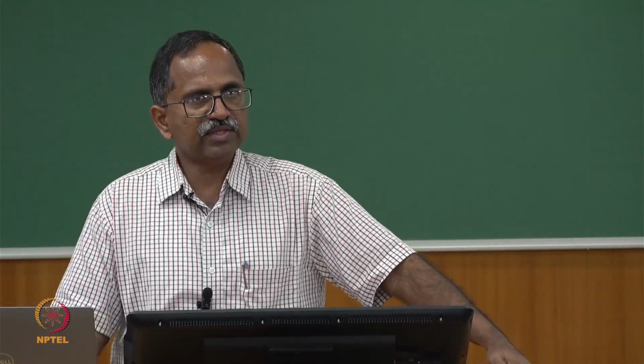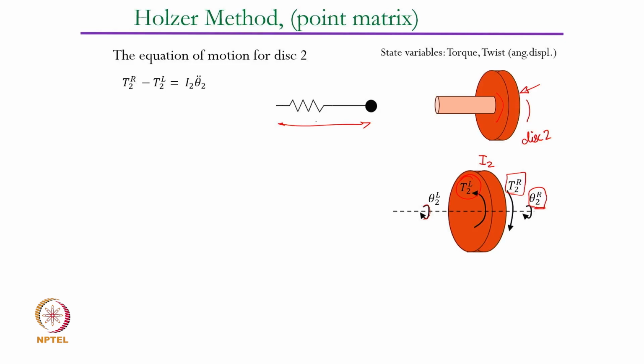But the disk is an inertia, so in a dynamic condition during your vibratory motion, the disk is going to have its own inertia, right. So again we apply Newton's law and try to figure out the relationship between these state variables. The net torque across the disk should be equal to mass times inertia, okay.